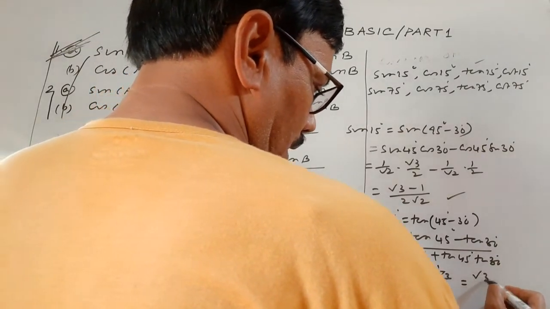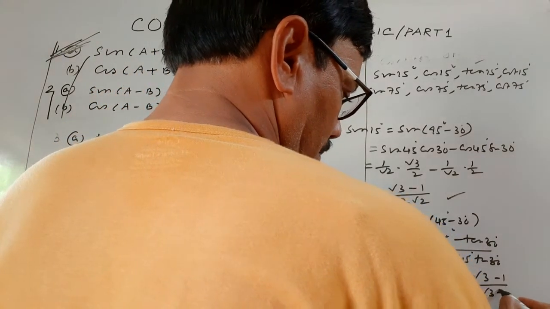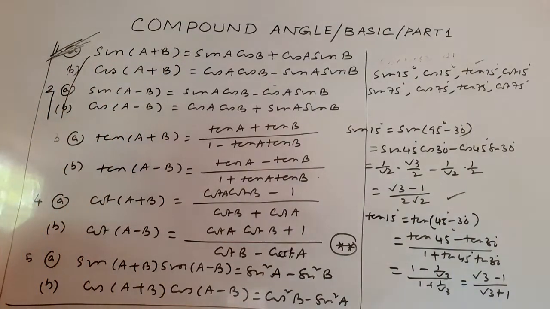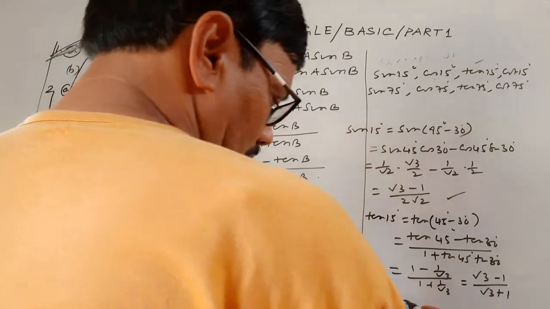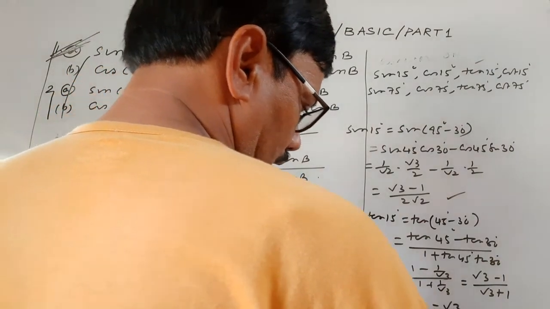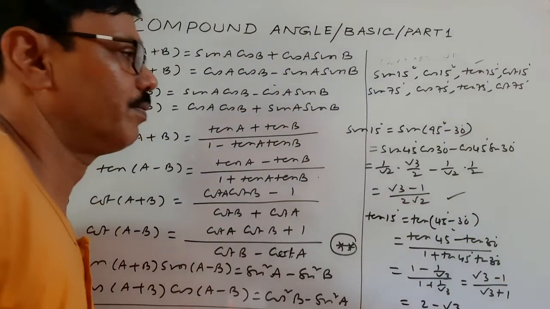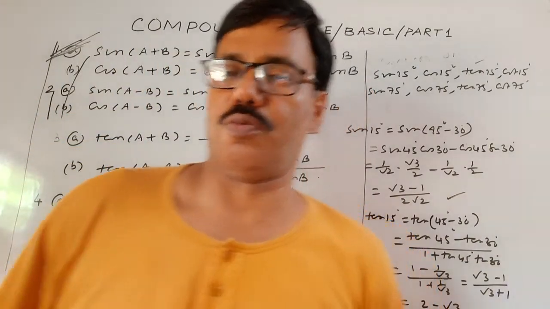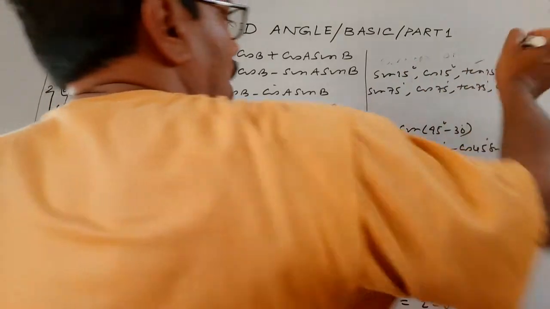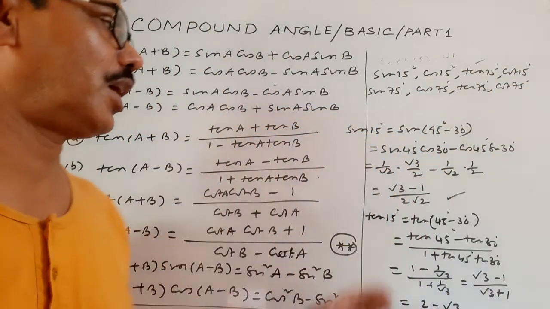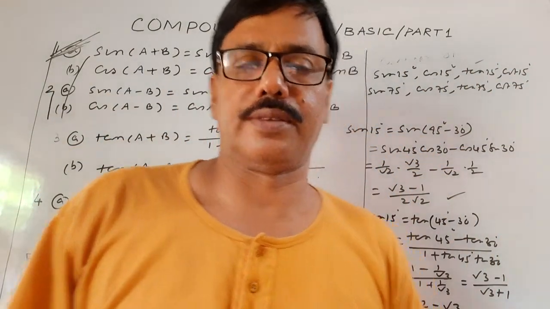So (root 3 minus 1) by (root 3 plus 1). And you can rationalize it. So rationalize and you get 2 minus root 3. This is your home task. So rationalize and try to solve the rest of the part.